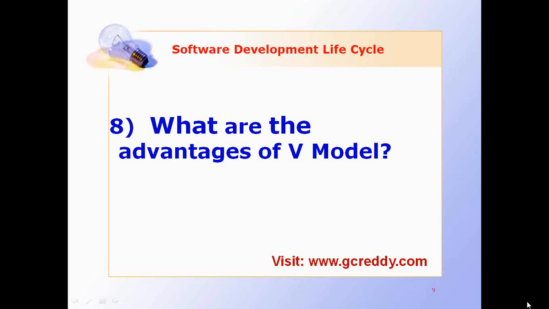Next, fourth one, due to multiple stages of testing and multiple teams involvement, quality can be improved. Next, fifth one, the V model supports a wide range of development methodologies such as structured and object-oriented systems development. Next, last one, the V model supports tailoring.